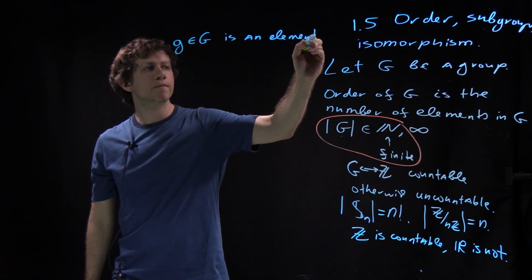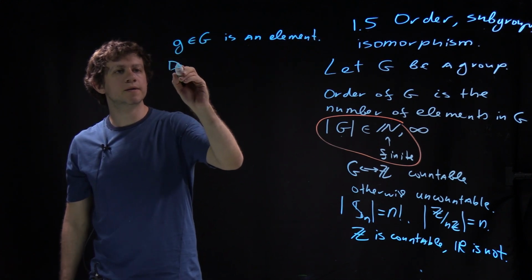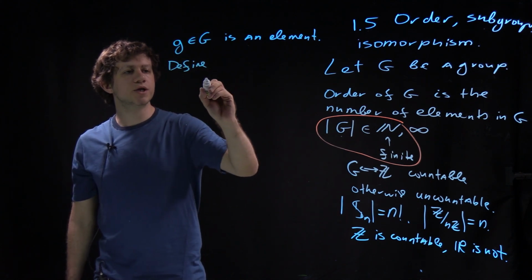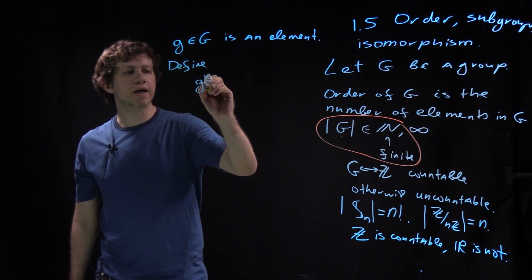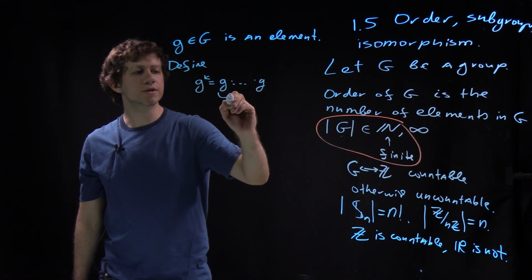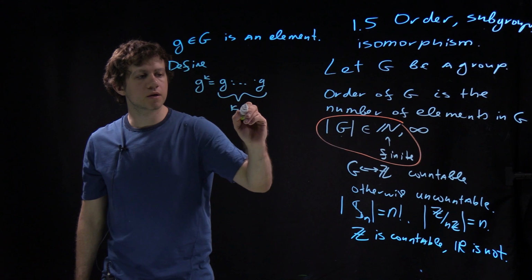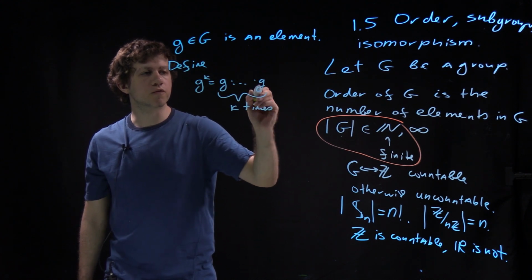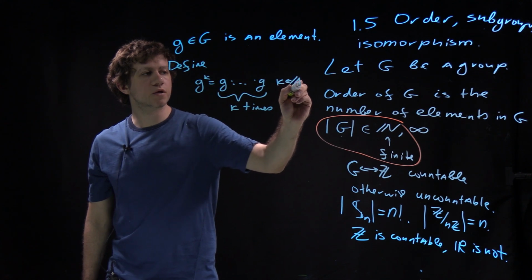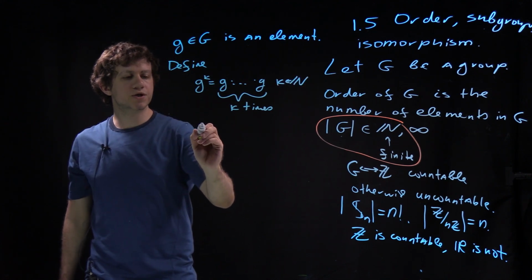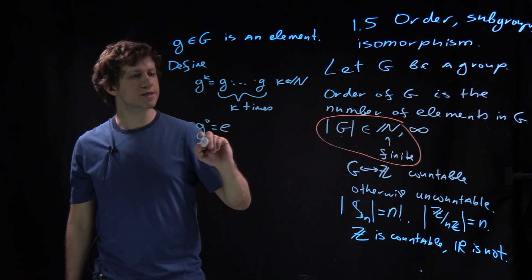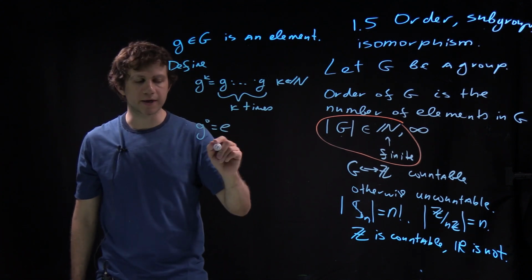Then define g power k being just g times g, k times, of course, for k being a positive integer. Then g power 0 can be naturally defined as the identity element. So in any group, it's this one.